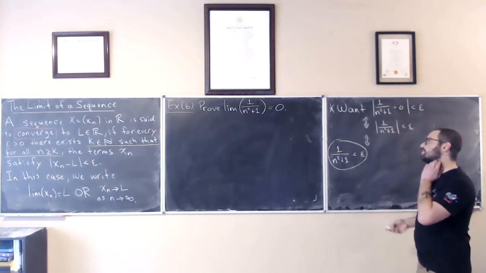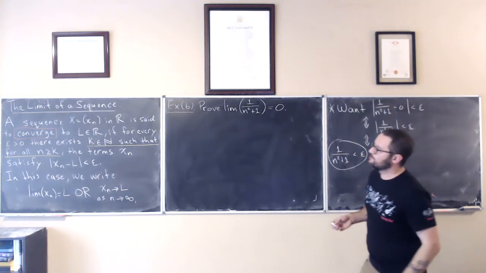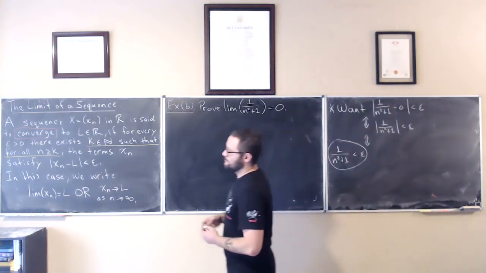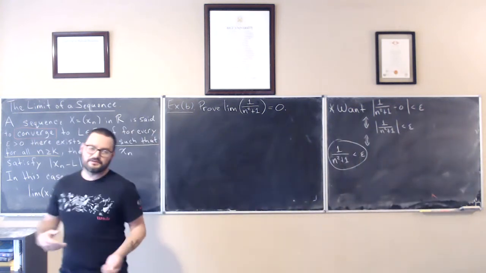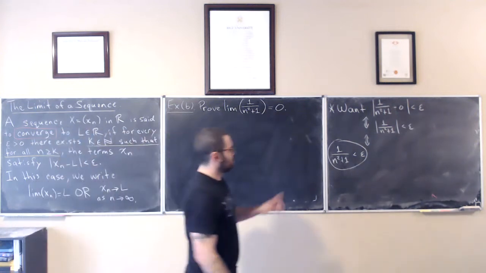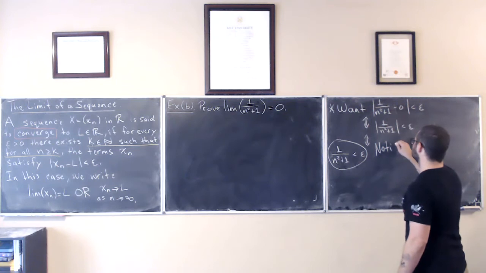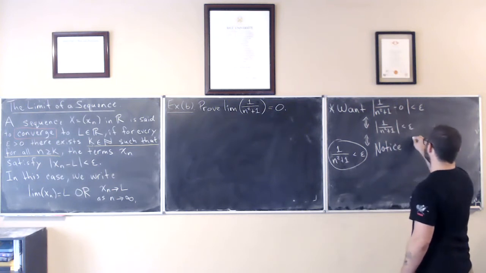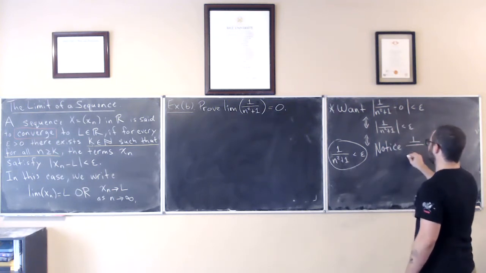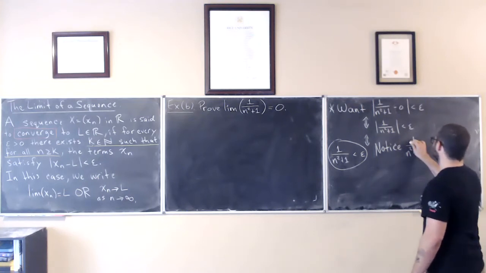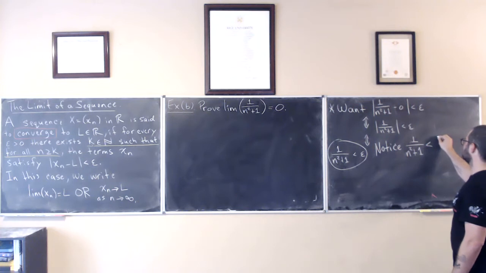But now notice in the previous example, we proved that the limit of 1 over n is equal to 0. And then notice that 1 over n squared plus 1 is strictly less than 1 over n.